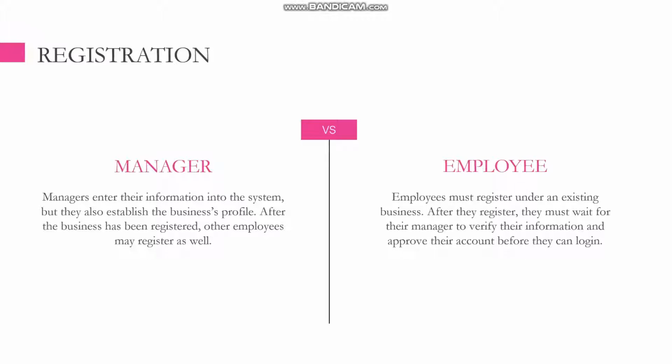For an employee, they'll be giving much of the same information. However, they are just registering themselves, and they do have to register under an existing business. After they register, they also must wait for their manager to verify the information in their account and approve the account before the system does let them log in.